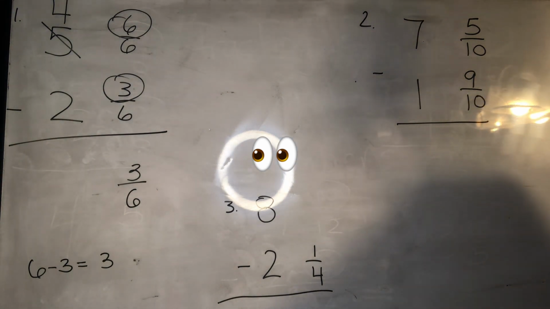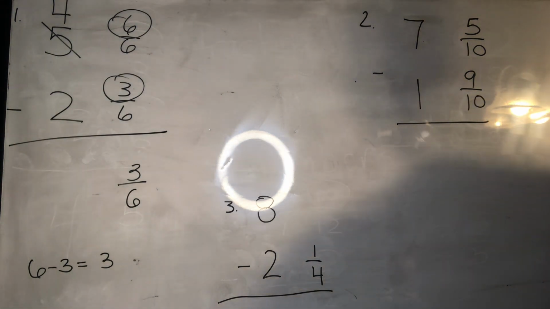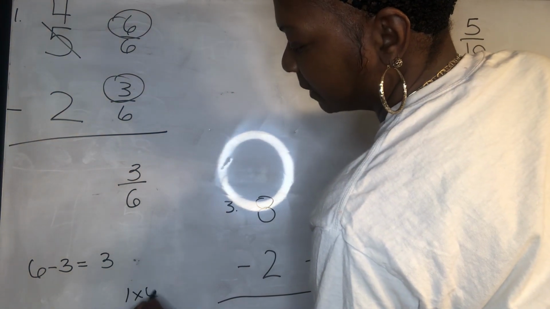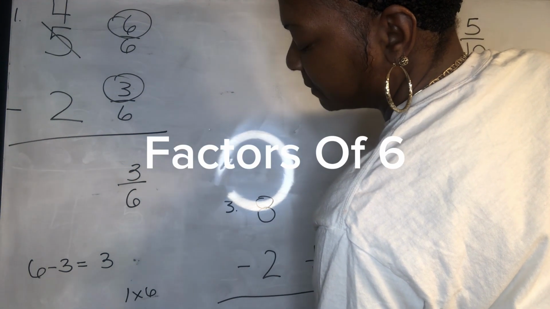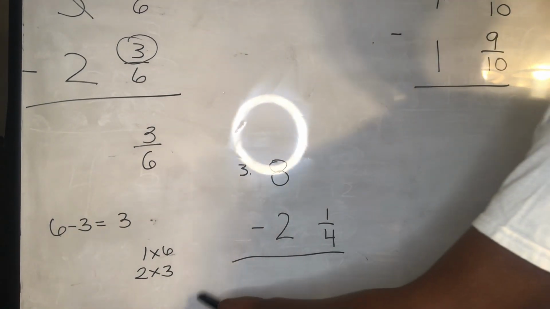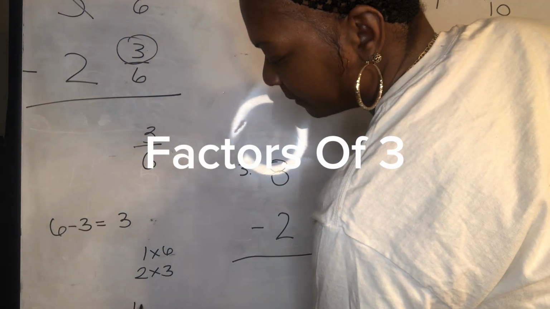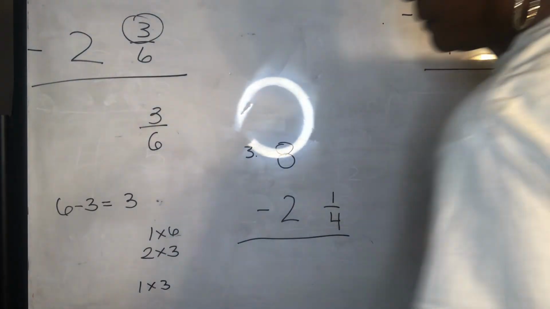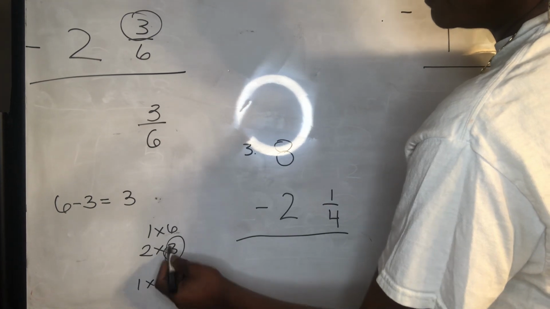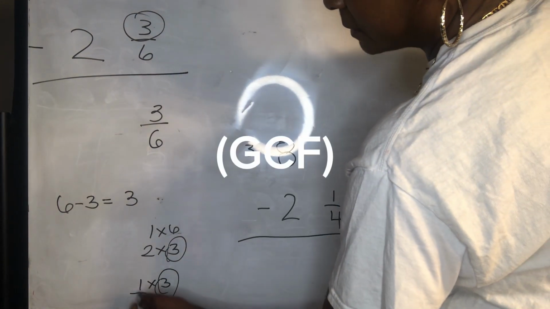Because you guys, I know y'all know multiplication. Everyone knows that we can get 6 with 1 times 6 and 2 times 3. So with that being said, we can then go in and divide by, because the only way we can get 3 is 1 times 3, we can go in and divide by our greatest common factor.